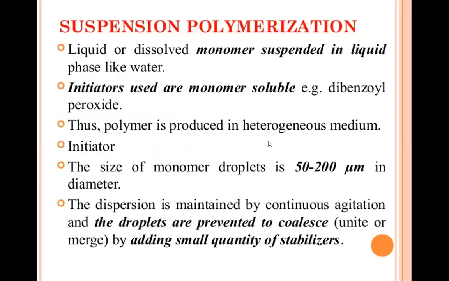Coming to the next technique, which is known as suspension polymerization. Suspension means suspended particles which settle in the bottom of the water. It is a liquid or dissolved monomer suspended in a liquid phase like water.